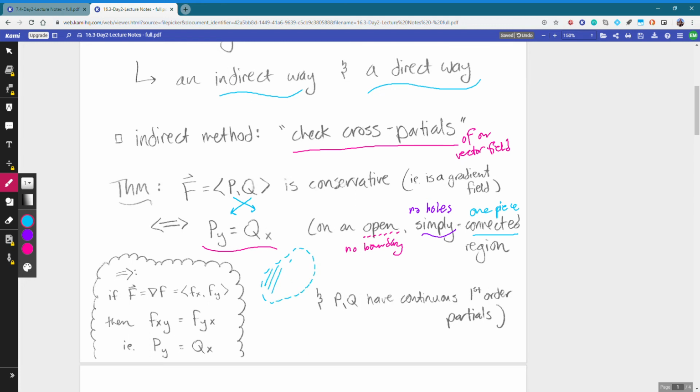And then everything inside is just filled in completely, right? So this sort of region is an open, simply connected region, whereas if we did something like this, no boundary, but maybe we plucked out a hole and made sort of a donut type region, this is open and connected, yes, but not simply connected.